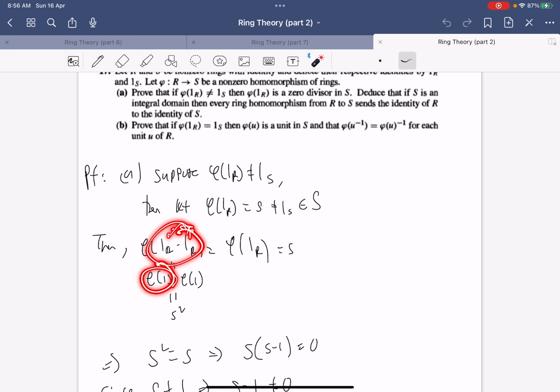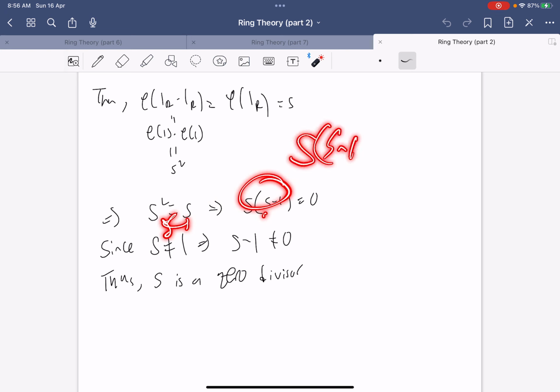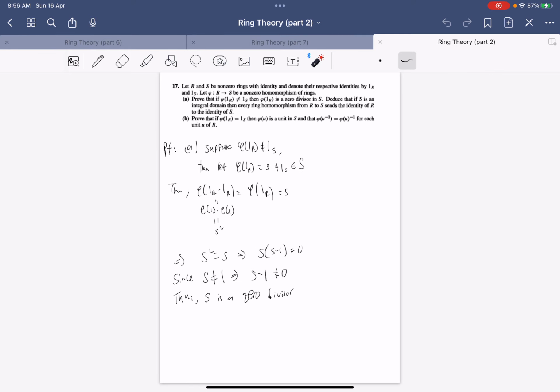So it's just phi of 1 times phi of 1, which equals s squared. And here is just phi of 1, which equals s. So s squared equals s. And this just means that s, so you bring over here, you use the distributive law, s(s − 1) equals 0. And since s doesn't equal 1, s − 1 doesn't equal 0. So s is a zero divisor.